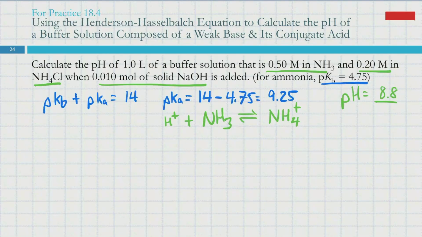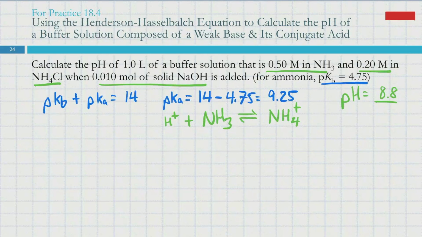If we were to label this like it's an acid, which of those three species, the H+, the NH3, the NH4+, is going to be our weak acid? If we label it like it's a weak acid buffer.